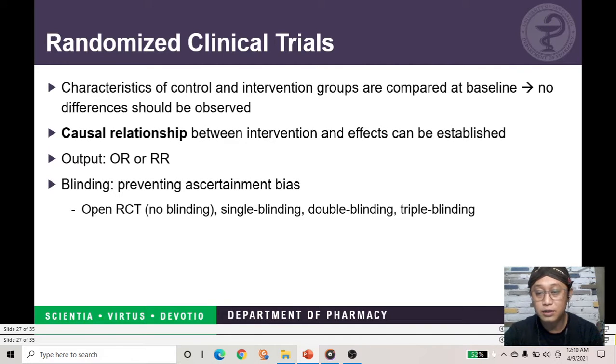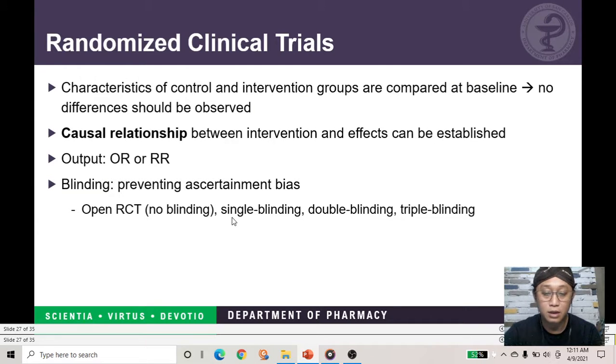And the researcher may use a blinding method to prevent ascertainment bias. There are some types of blinding. The open RCT has no blinding. Usually the vaccines that were developed these days during this COVID-19 pandemic were conducted using the open RCT, so there is no blinding.